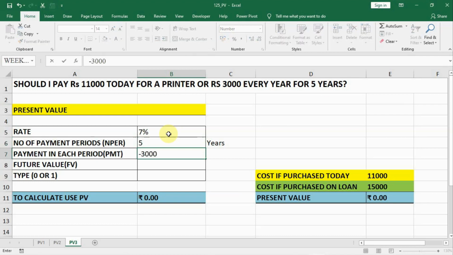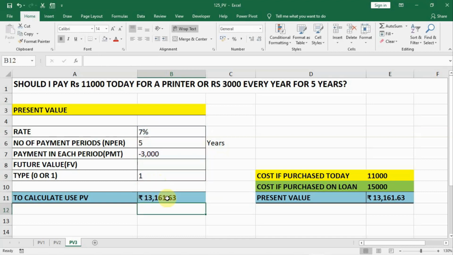Future value I'll leave blank, I'll not have any future value. And type is 1, the beginning, because I'm making the payment at the beginning. So my PV function gives me this. All the values are given in sequence, and it gives me rupees 13,161.